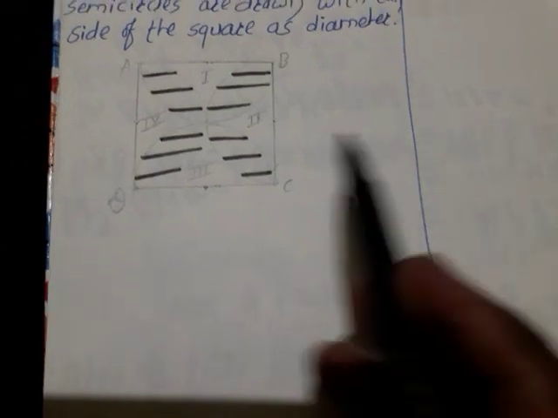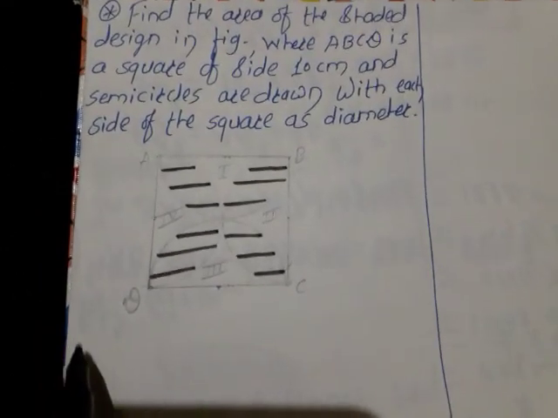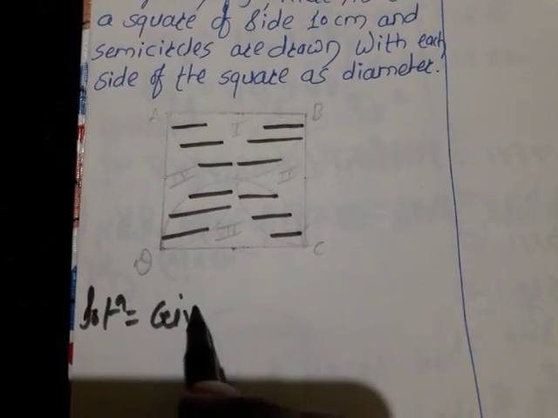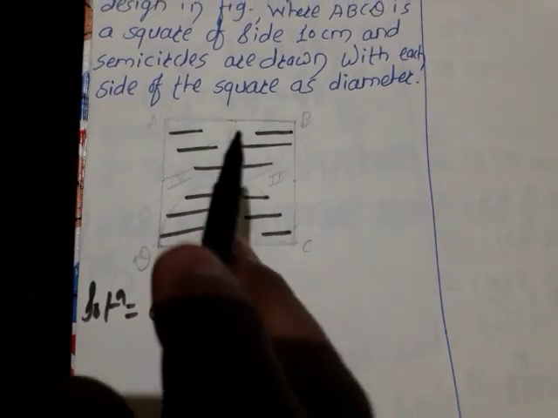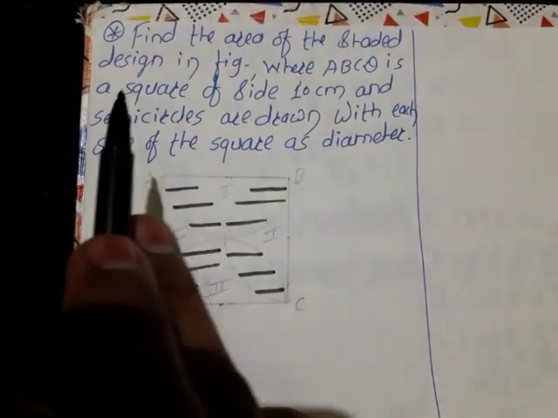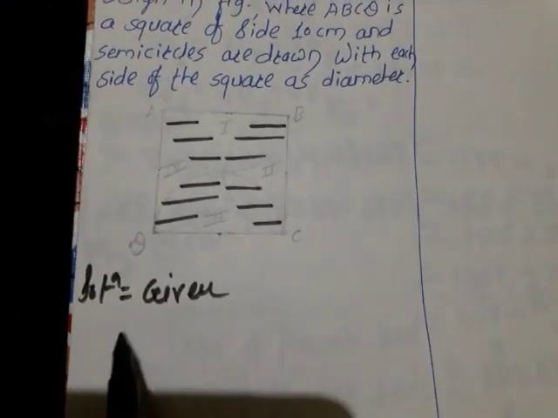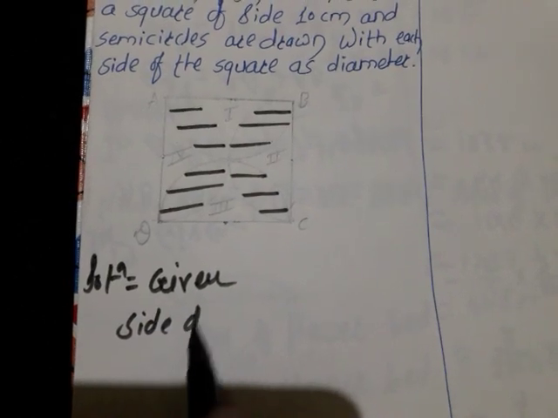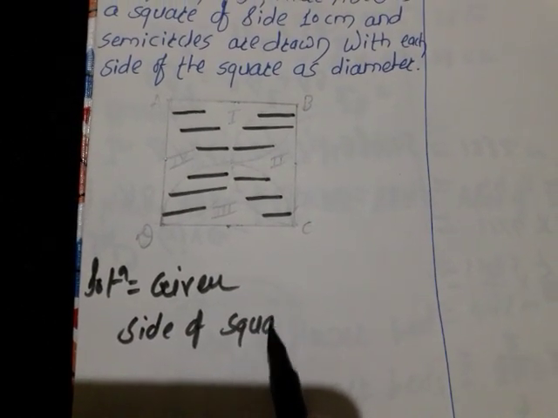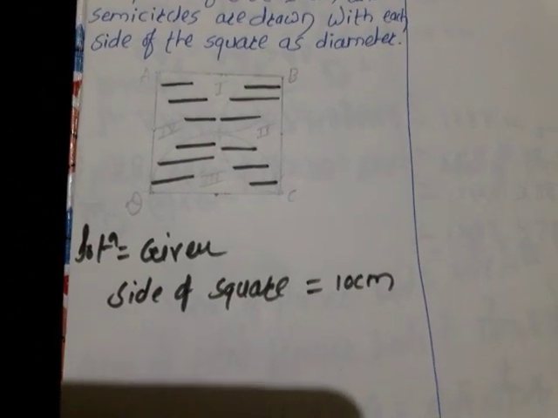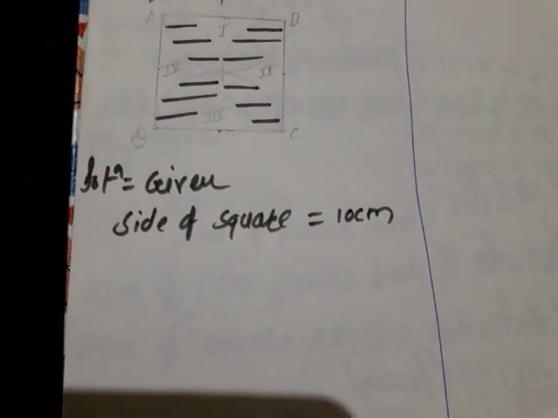Then first of all, what will we do? Look here. I am going to start this example. Solution, given: find the area of the shaded region in the figure ABCD. Side of square is equal to 10 centimeter. Side of square is equal to what? 10 centimeter.